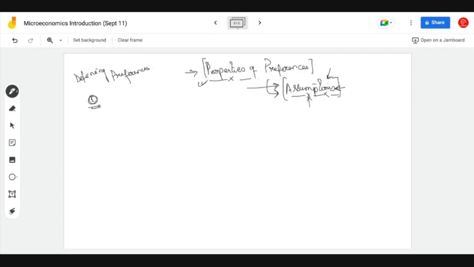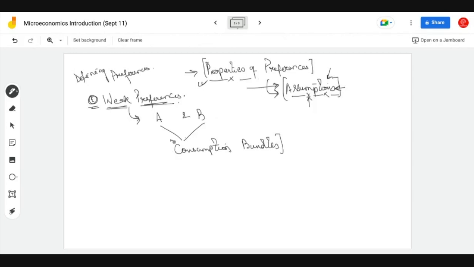Okay, so the first property about preference, or how do we define preferences? Defining preferences. So the first is weak preference. So what are weak preferences? Let's say that we have two consumption bundles, A and B. So what are consumption bundles?